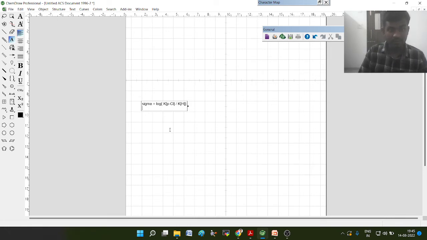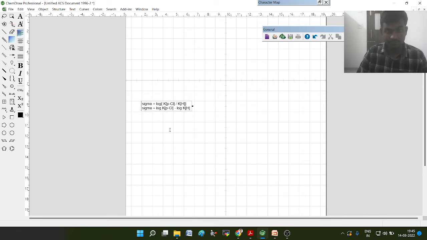Now if I do it like this, again sigma will be log of K of the parachloro part, minus, just using the log formula, log of K of H. I don't need this bracket.